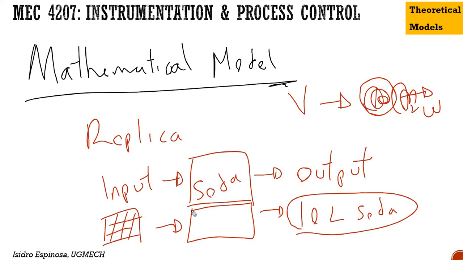It also means that if input 1 produces output 1 and input 2 produces output 2, then an input equal to the sum of inputs 1 and 2 will produce an output equal to the sum of outputs 1 and 2.